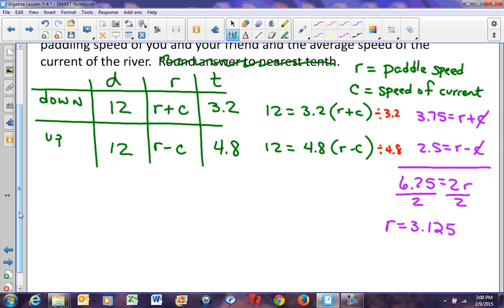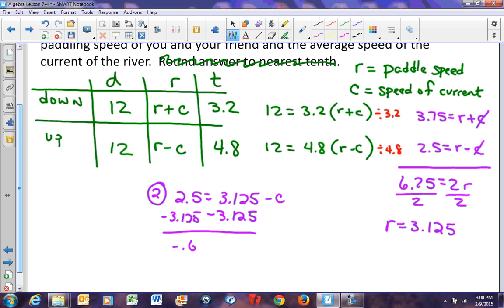Now to find the rate of the current, I'll use the second equation here, where it says 2.5 equals 3.125 minus C. So I'll subtract 3.125. I take 2.5 and I subtract 3.125, I get negative 0.625 equals negative C, which is good because a negative equals negative.